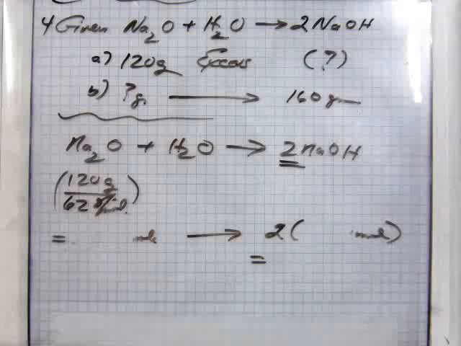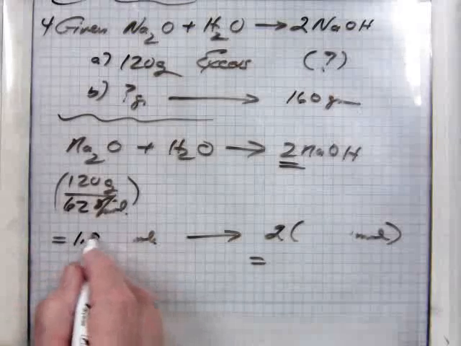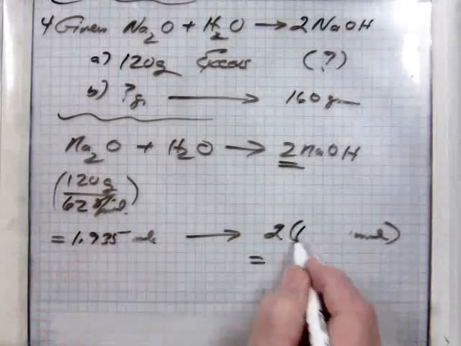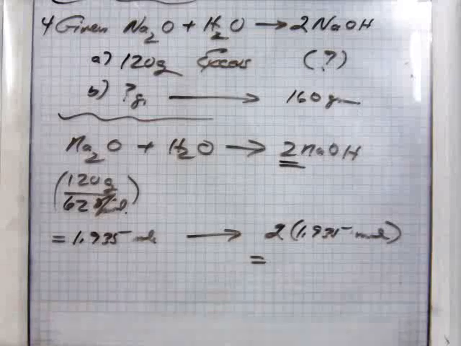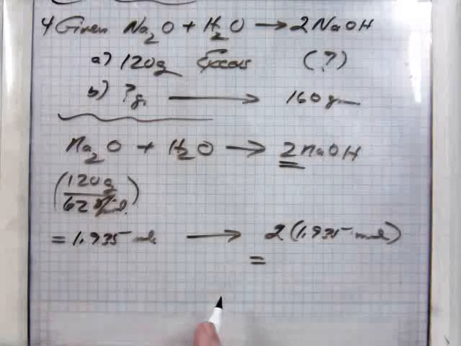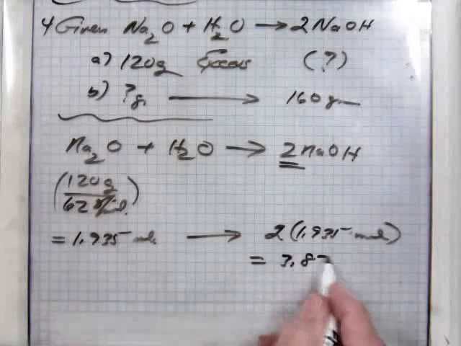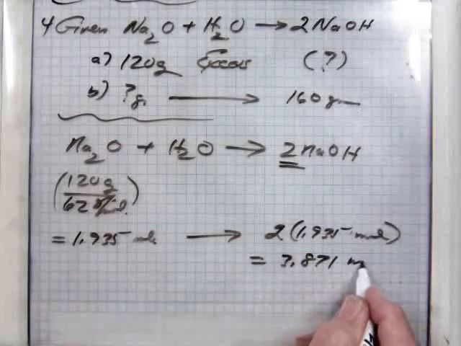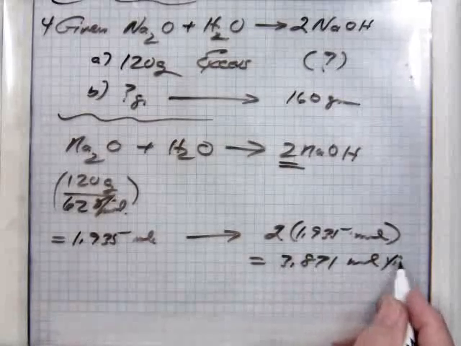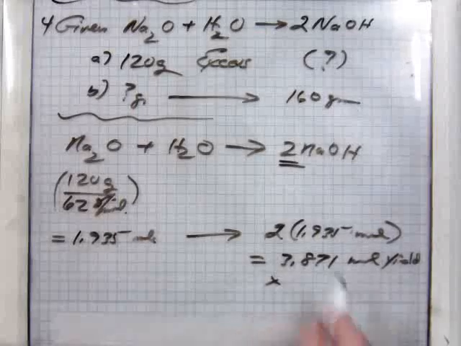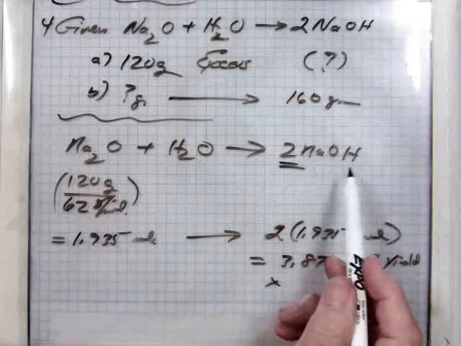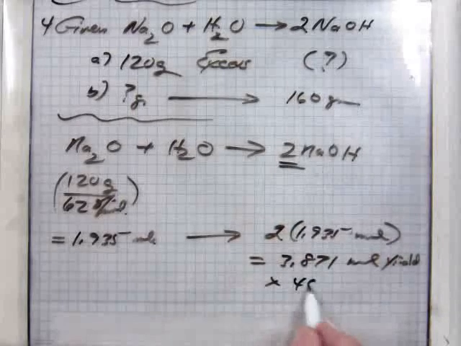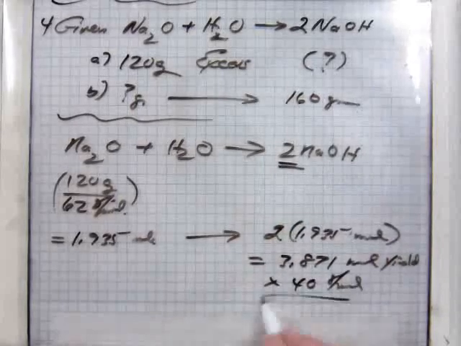And 1.935, and that's 2 times 1.935 times 2, that's 3.871 mole yield, and that's times 23, 33, 40 grams per mole.